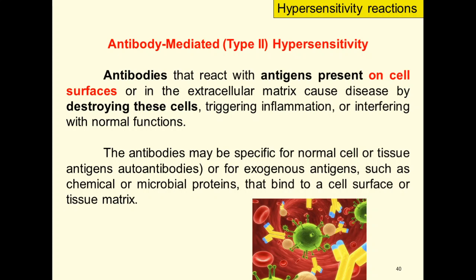etc. What is the main point that you need to remember? Antibody-mediated hypersensitivity. The problem flows in the blood. So these antibodies flow in the blood and they fix or bind only to specific cells, but these specific cells are normal cells.